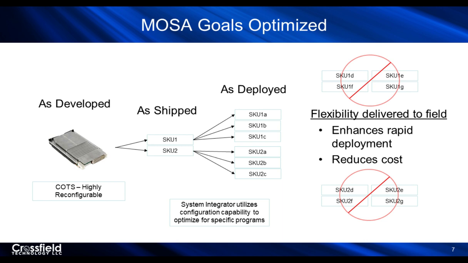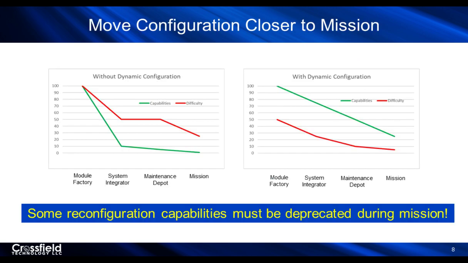So this is what we really want, okay. How do we do this? And so I want to explore the possibilities of how we do that. Because what it delivers, as we look at this next slide, is that currently you have a highly flexible device that, look at the green line, without dynamic configuration, it drops off. The systems integrator gets very few configuration capabilities.